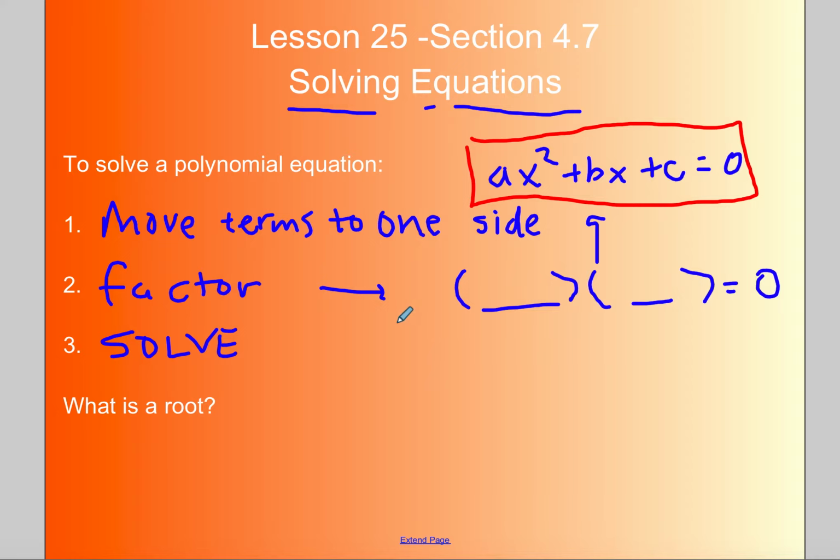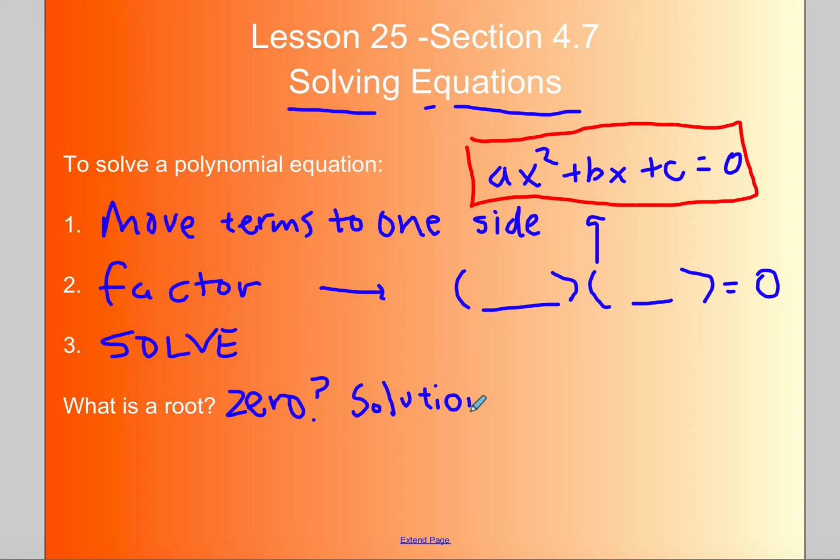What is a root? You may have heard that before, you may have not. What is a root? Also known as a zero or a solution.